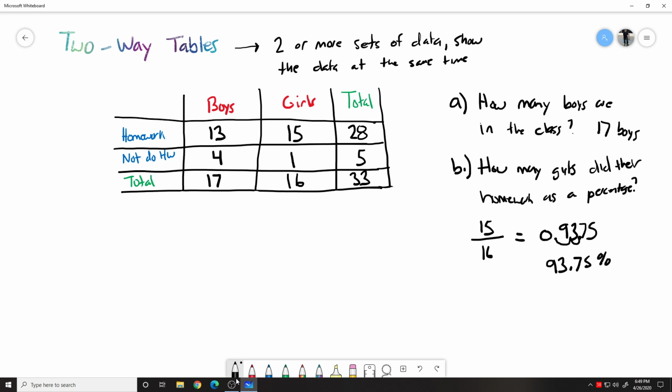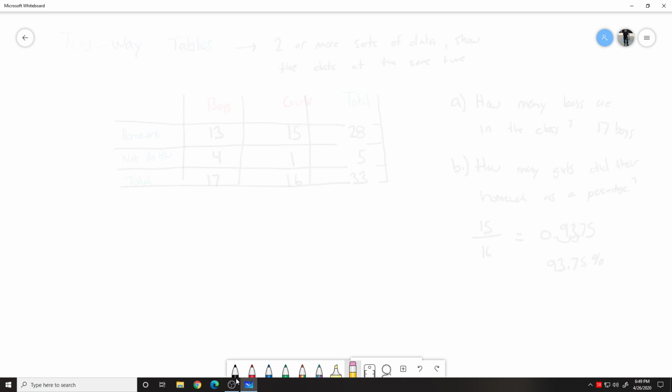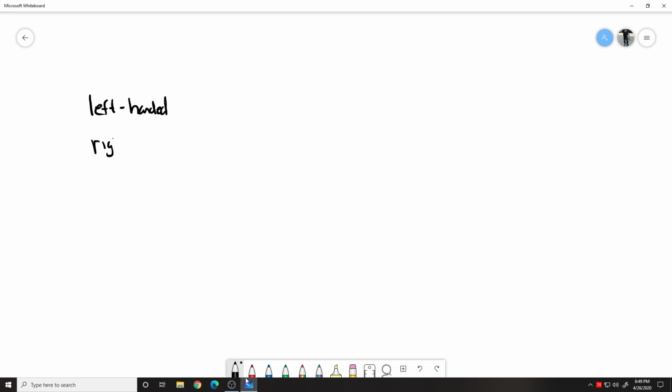So that's a pretty basic example. Let's try something a little bit trickier. So I'm going to erase this, and we're going to make another table now, where we are looking at whether a person is left-handed or right-handed, and we're going to separate them by boys and girls.